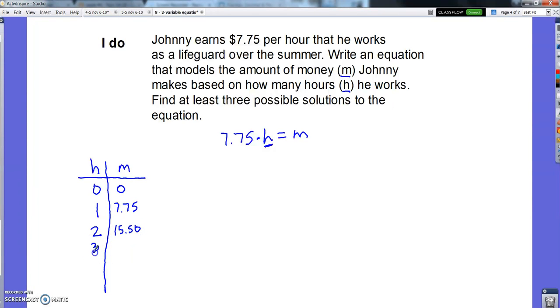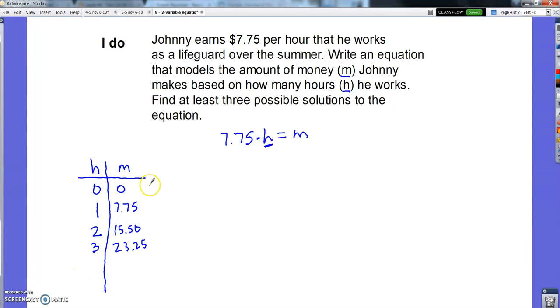If he works 3 hours, then he makes another 7.75. So that would be 22 if I add the 7, 22.50, 23.25. And I just work my way up my table like that.